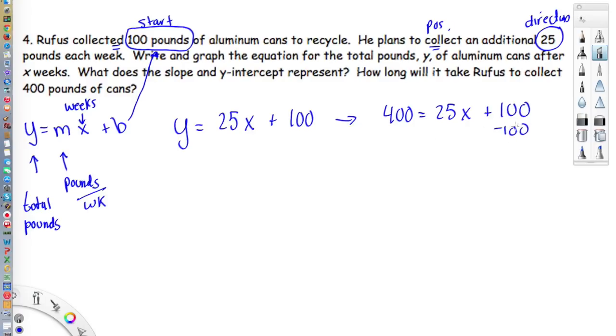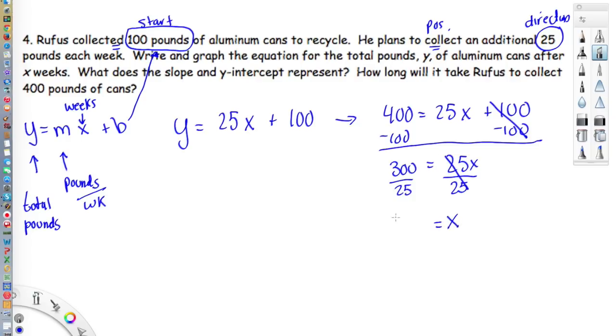I would subtract 100 from both sides to begin to isolate my variable, and I'd end up getting 300 is equal to 25x. My next inverse operation would be to divide both sides by 25, and I would get x is equal to 12 weeks.